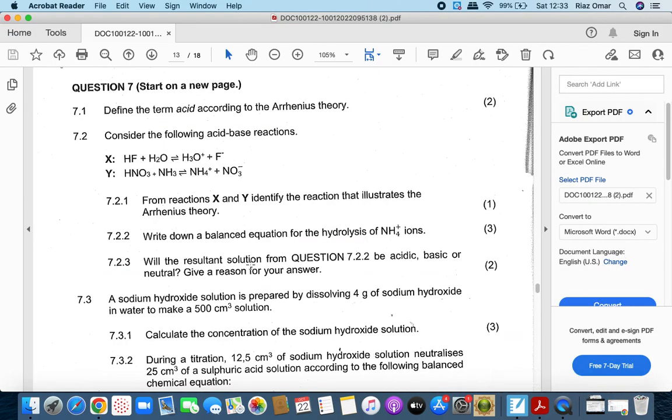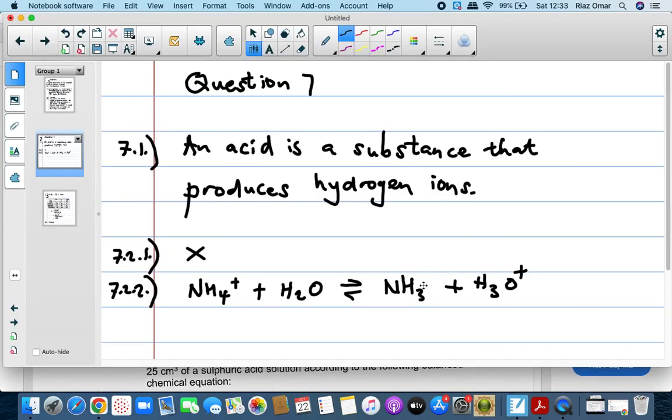Will the solution in 7.2.2 be acidic, basic, or neutral? Give a reason for your answer. So what did we say? Because the ammonium ion will undergo hydrolysis, it will form H3O plus. So there's more H3O plus in the solution, so the solution will be acidic.